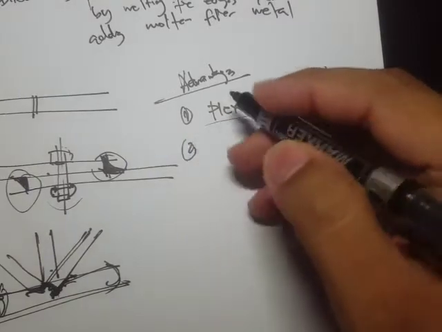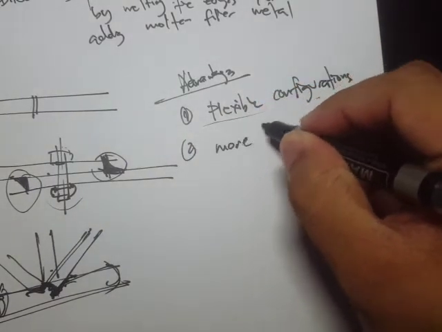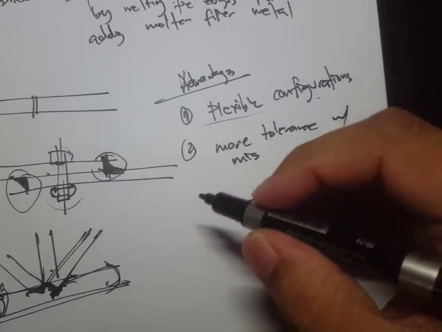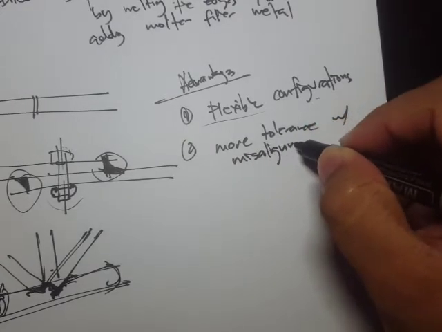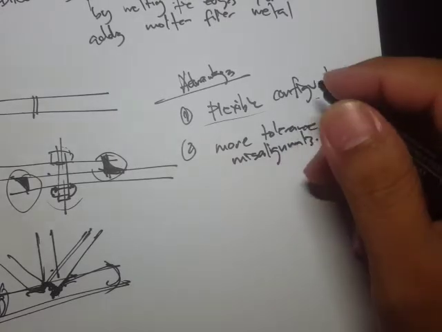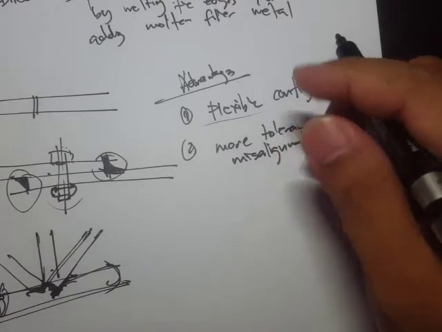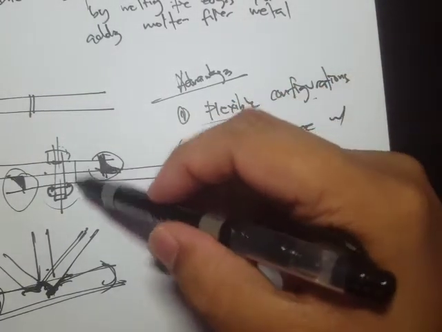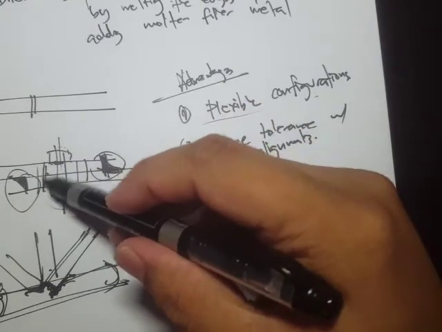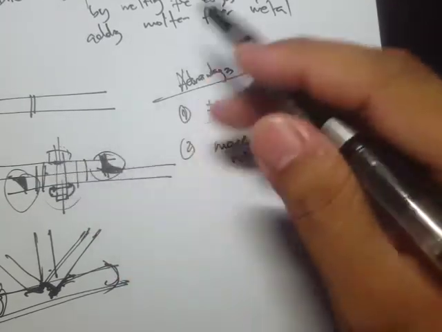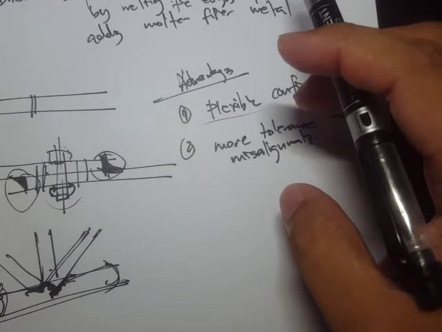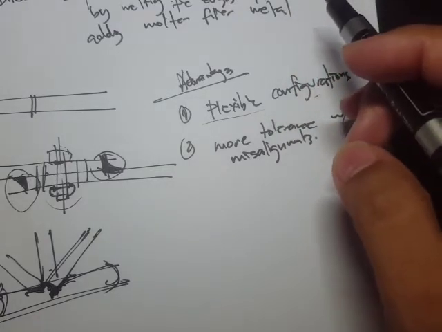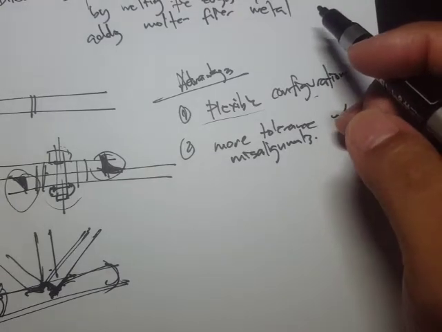Number two, we have more tolerance with misalignments. Since we're not drilling holes or aligning the holes between the plates and the bolt, we have a wide range of tolerance for these misalignments.